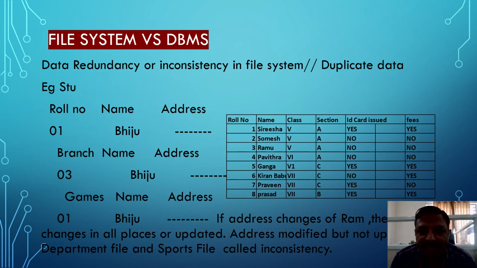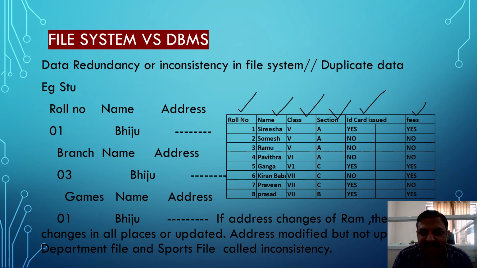It's nothing but storing of the data. Let us move to the next slide. What is the major difference between file system and DBMS? The first point is that inconsistency is there in the file system. For example, take this table I have drawn, which consists of roll number, name, class, section, ID card, and fees: whether the ID card is issued or not, whether fees are paid or not.